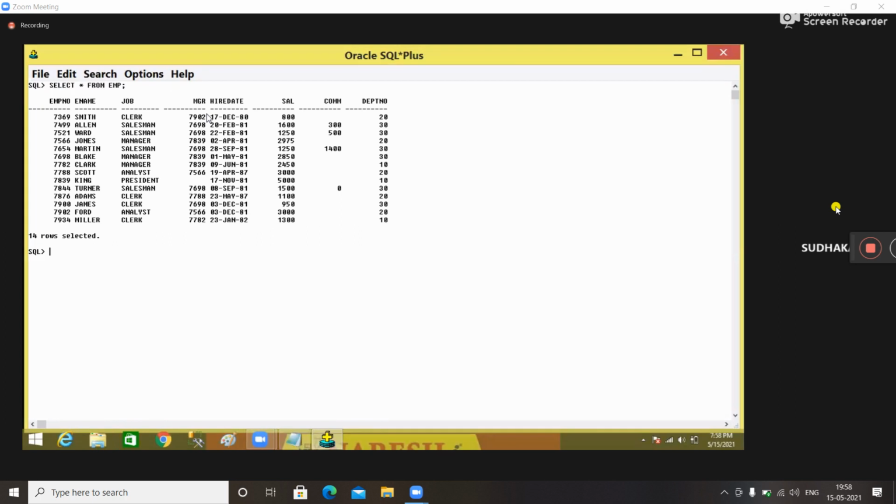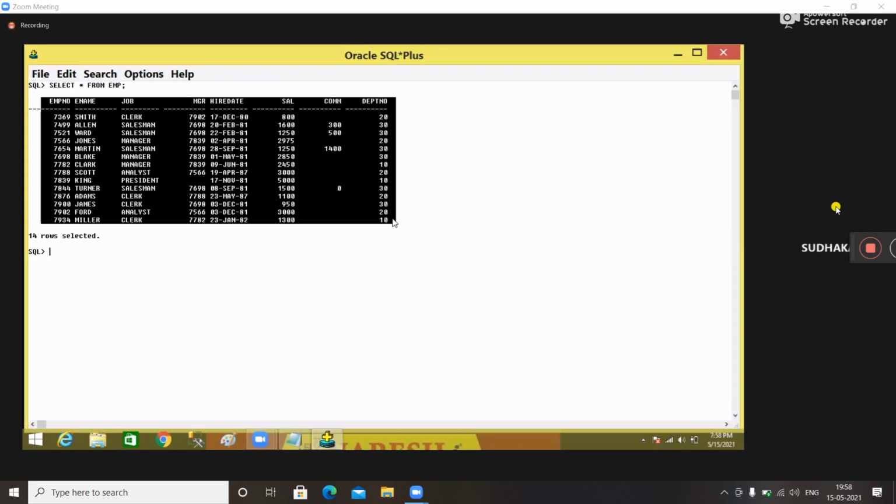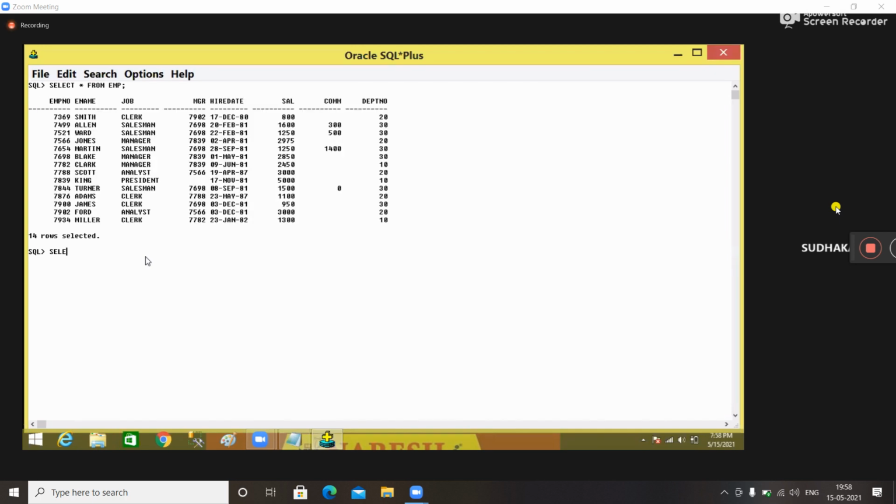Okay, so this is our table having some information in this employee table. Now suppose my question is I want to display the list of employees whose name starts with the S character. So now you can see how to write it here.